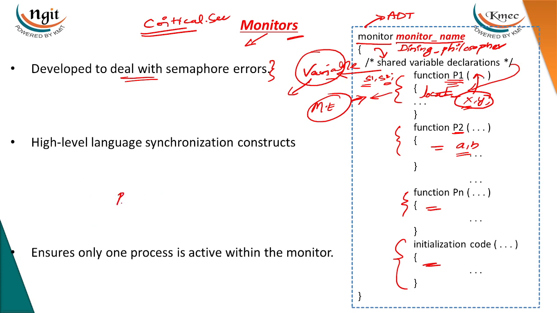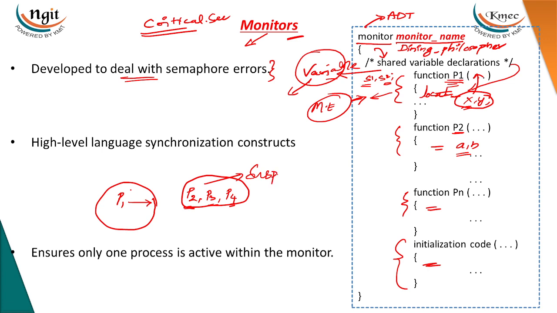If P1 is executing inside the monitor, the other processes may also want to execute their monitor code, but only one process at a time can be active within the monitor. All these other processes will be suspended.